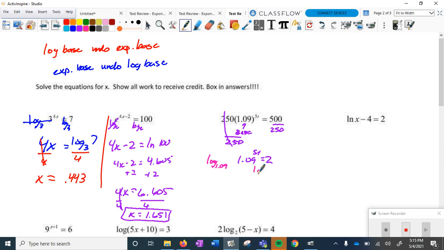So we're going to do log base 1.09 of 2 on this side. So 5t equals log base 1.09 of 2. And then we're going to finish off our calculation by having to divide by 5. I'm just trying to save some time and write it up right here. So that's what I need to go calculate. Now let me do it in my calculator, just because.